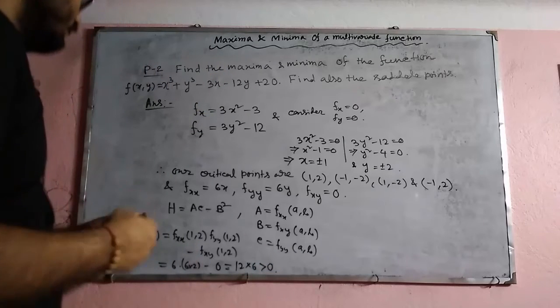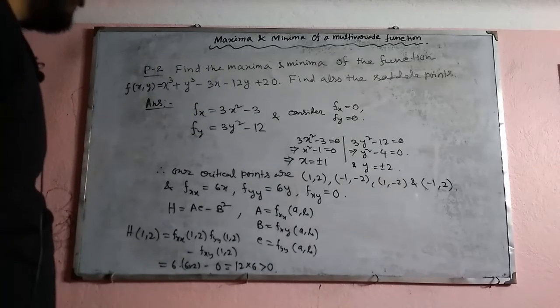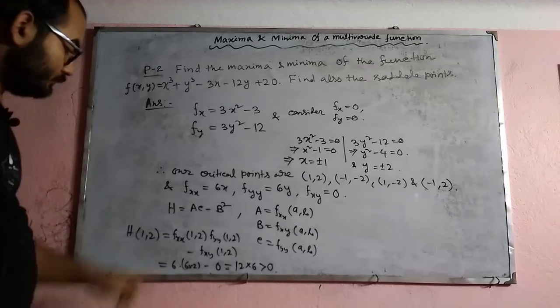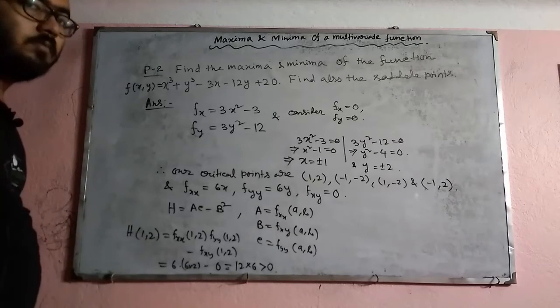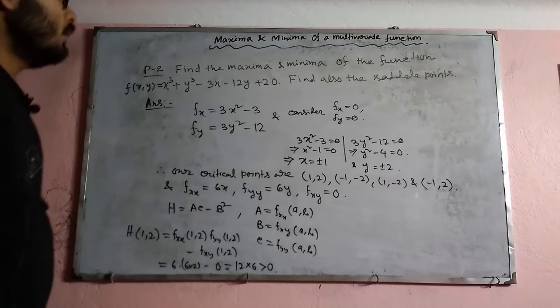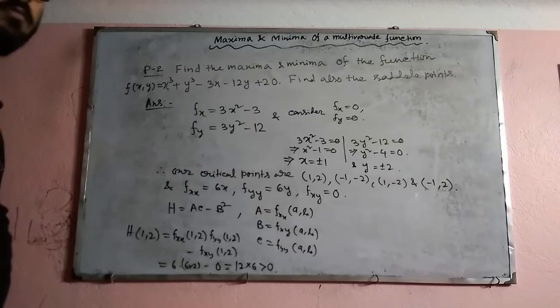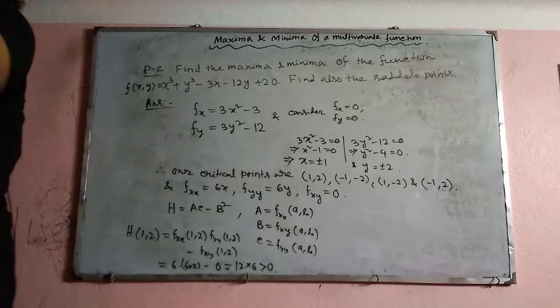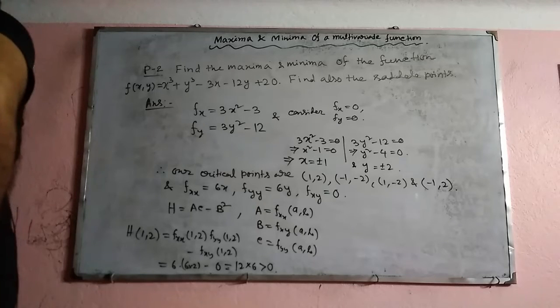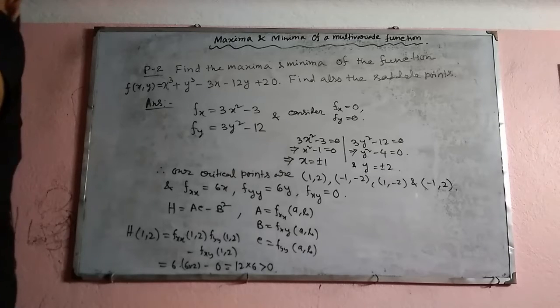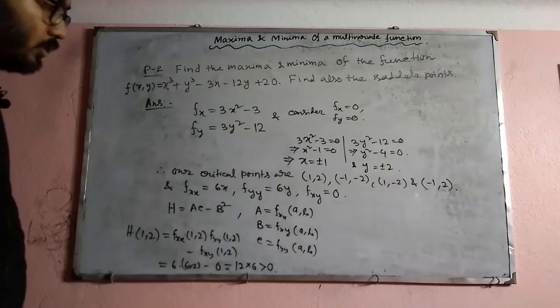Okay. So the extremum will occur. And since h is greater than 0 and a and c are also greater than 0, then the minimum value will occur at the point 1, 2.